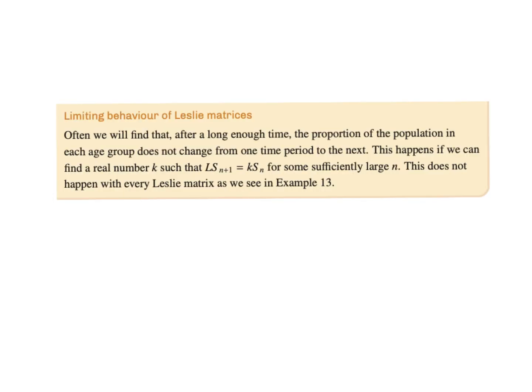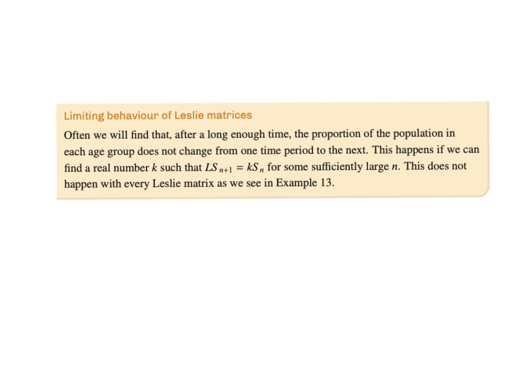Okay, limiting behaviours of Leslie matrices. Often we find that after a long enough time, the proportion of the population in each group does not change. This is like the steady state. This happens if we find a real number K such that the next one is the same, and it's for a large number.